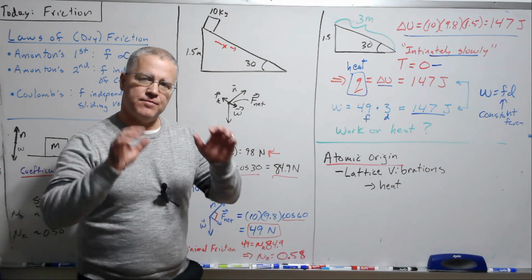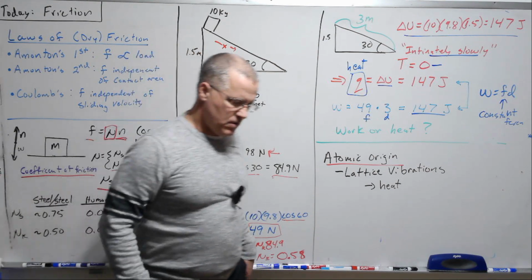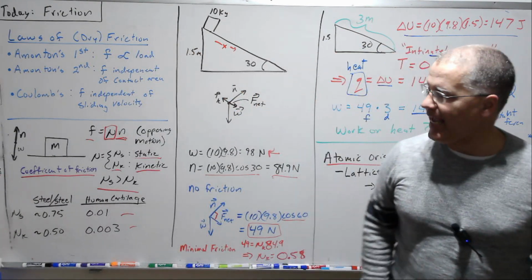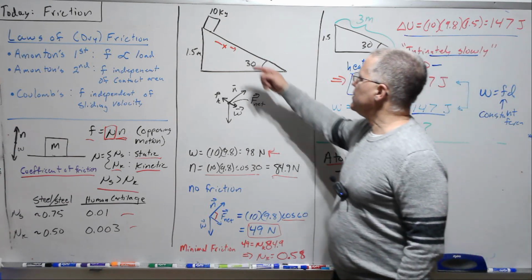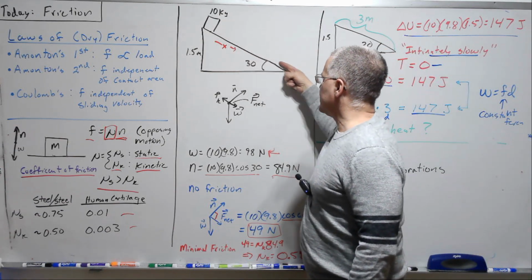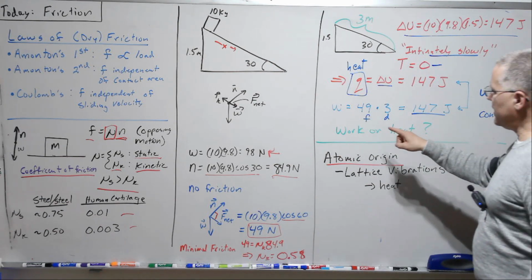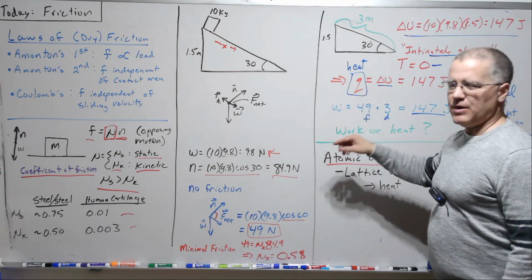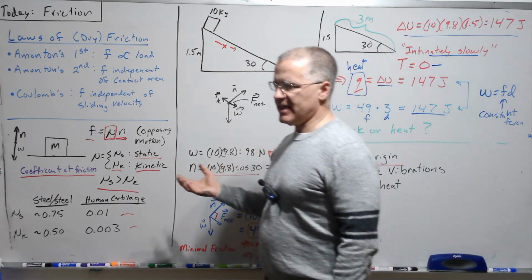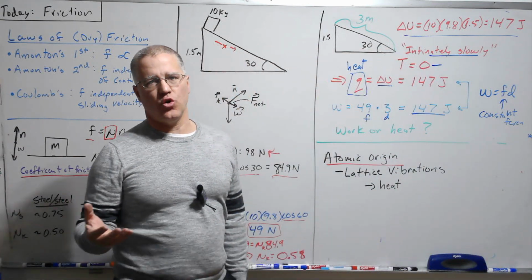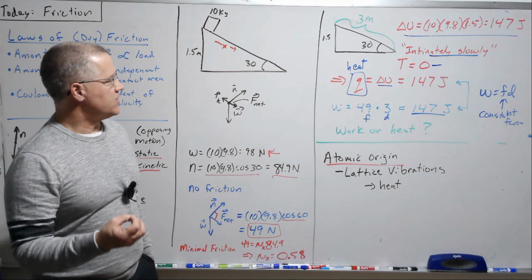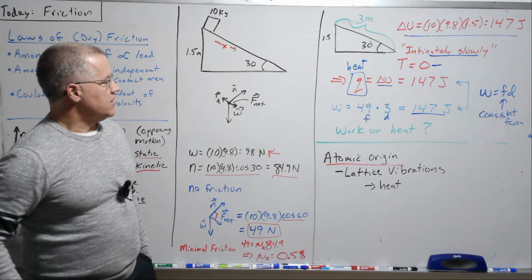If we're looking at it from the perspective of the amount of work it takes to lower this box down this ramp, then we can think of it as work. But there we're not really caring where that energy goes, or comes from.